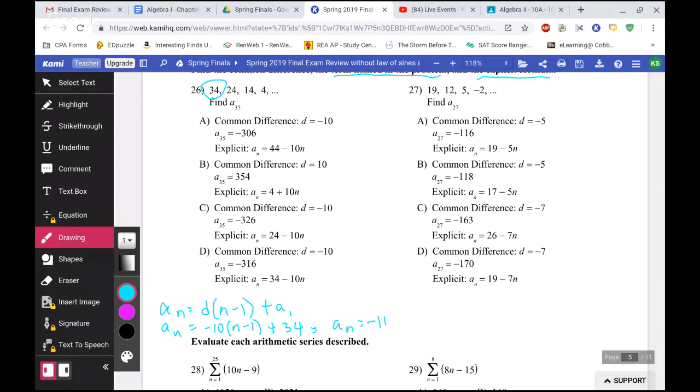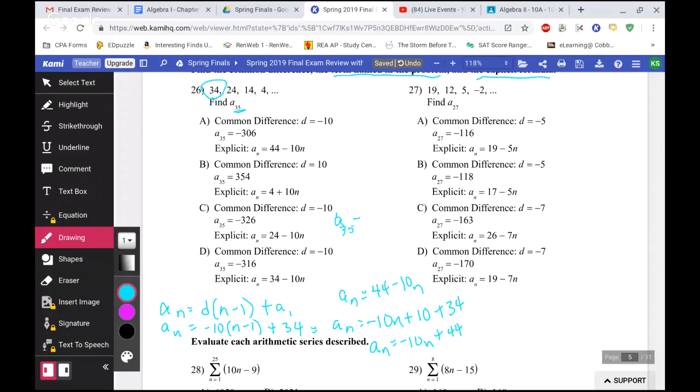Negative 10n plus 10, because negative 10 times a negative 1 is a positive 10, plus 34. So my explicit formula is going to be negative 10n, combine that 10 and that 34, plus 44, which it actually looks like they wrote it as 44 minus 10n so that it's not leading with a negative. So then you would plug this 35 into that equation.